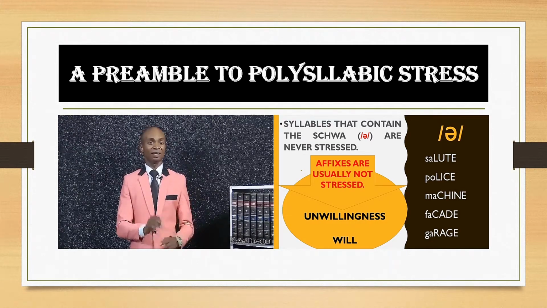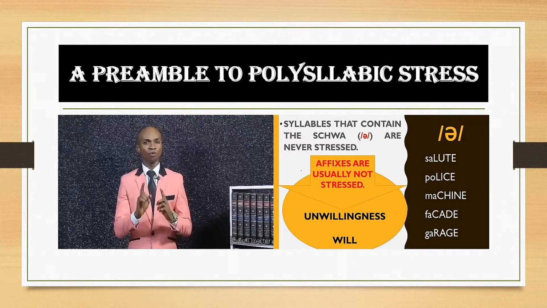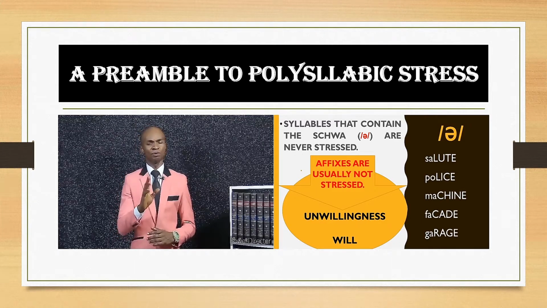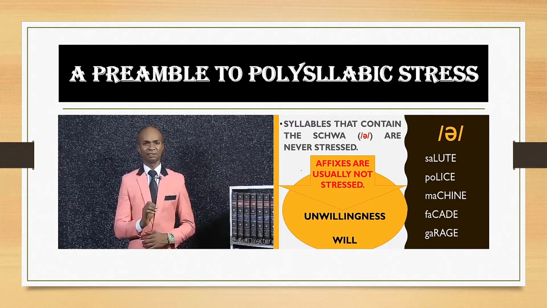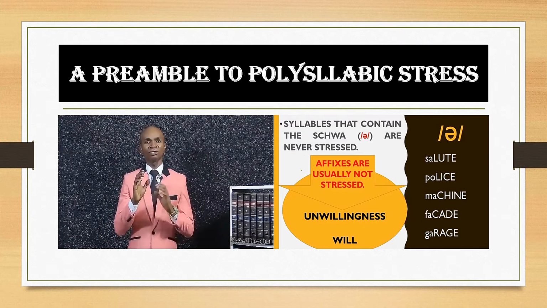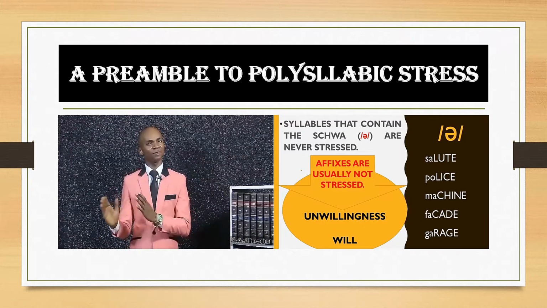Apart from that, affixes, that means prefixes and suffixes, are usually not stressed. So watch out for affixes when you are dealing with a polysyllabic word. For example, I want to pick a word, unwillingness. If you look at the word unwillingness, you will discover that it was derived from the process of affixation.